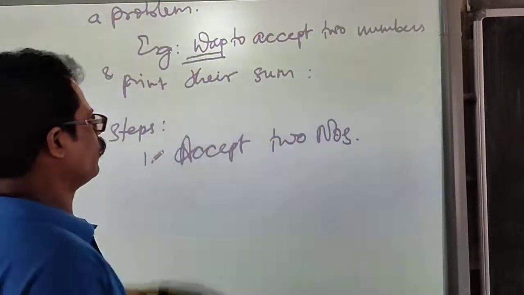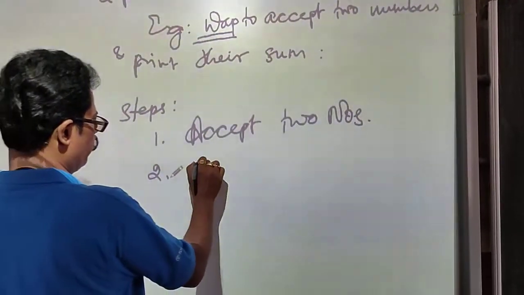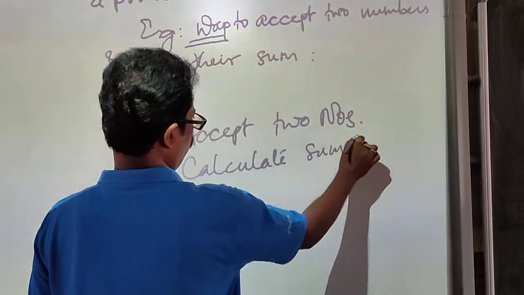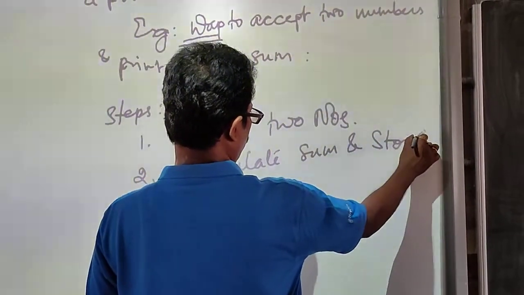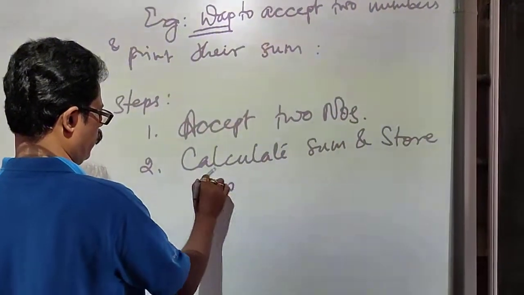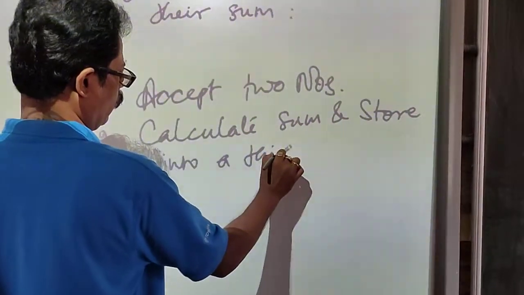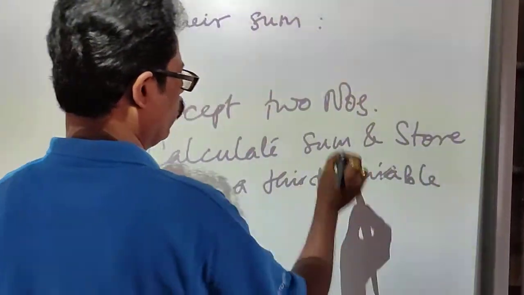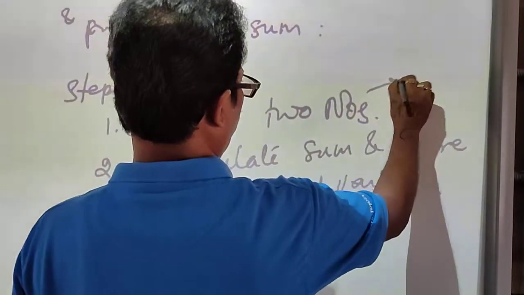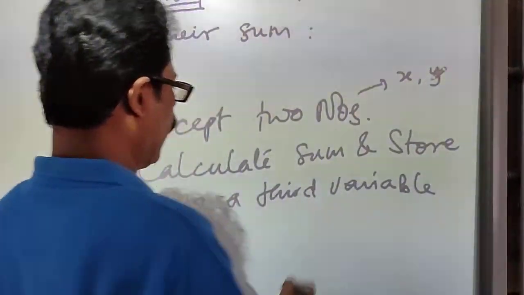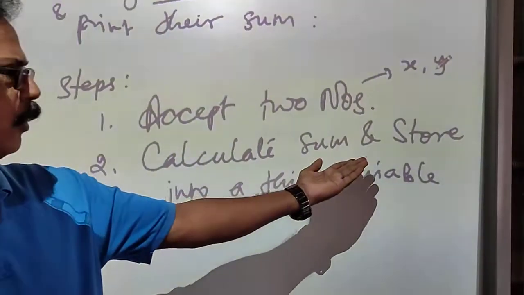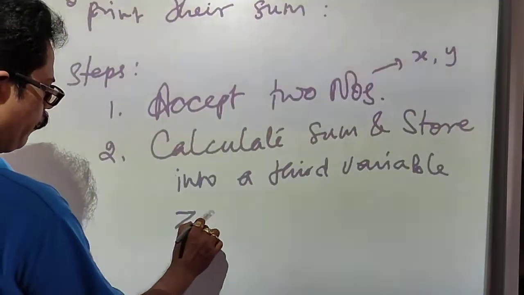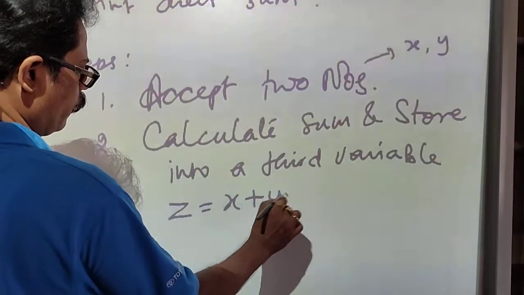Then the next step is to calculate the sum and store it into a third variable. For example, if you accept two numbers, say x and y, then calculate the sum, that is x plus y, and store it into a third variable, say z. z is equal to x plus y.